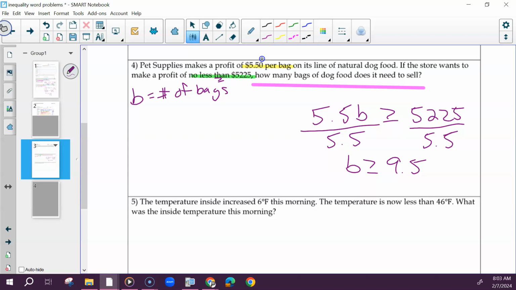So if we sold 10, they would make their profit. But if we only sold 9, they would not make their profit. So you have to think about that. If you're not sure, you could take both numbers and put them back in and see which one would give you the answer. So if you put 9 in here, that would be less than your total profit. If you put 10 in here, it would be more than, and that would work.